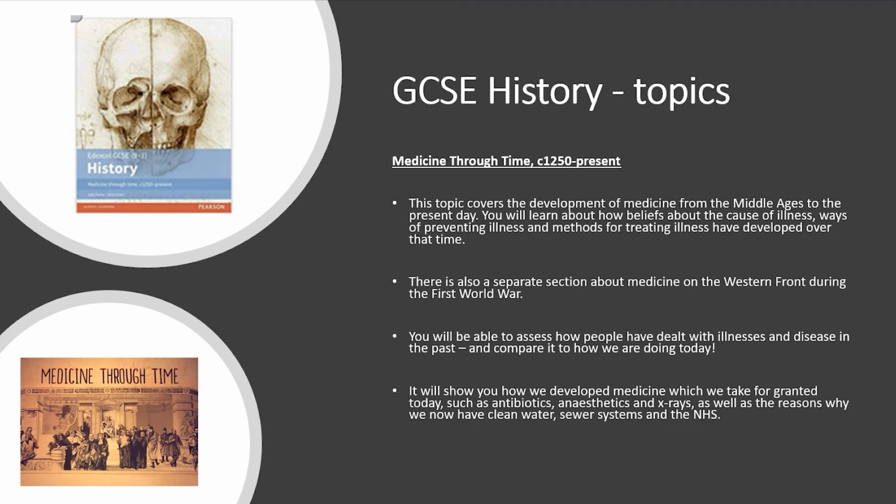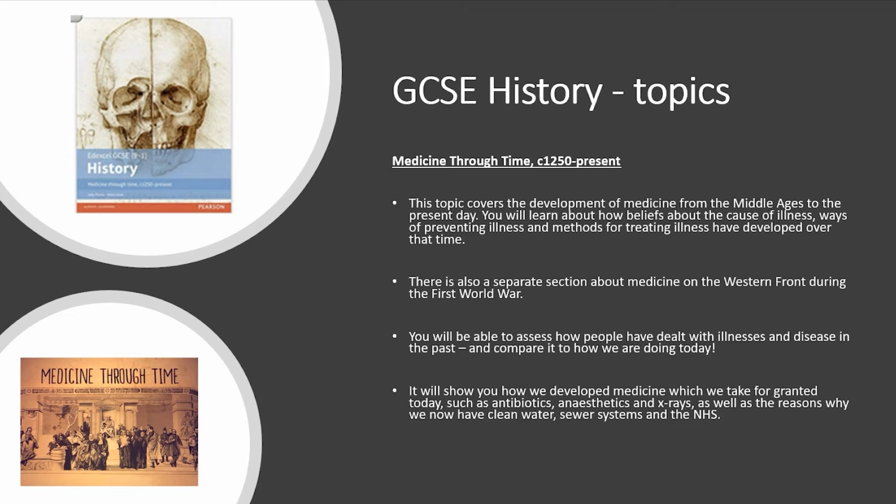Another topic we look at is medicine through time. So this is a little bit different maybe to some of the history that you've done in year 7 and 8, because this is a development study. So we're looking at the way in which medicine developed over a very long period of time. So we're going from about the year 1250 AD all the way through to the present.